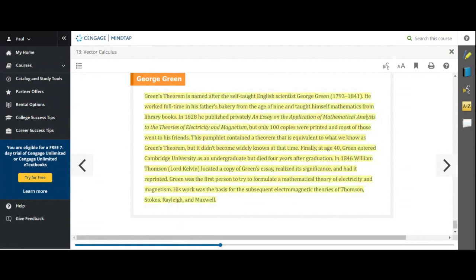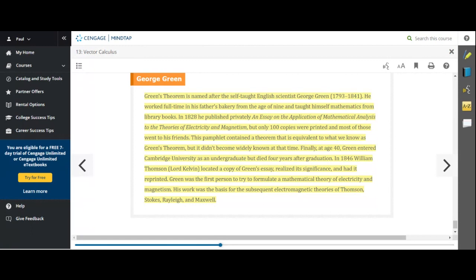Okay, so this theorem is named after George Green, a self-taught mathematician who worked full-time in his father's bakery from the age of 9 and taught himself mathematics from library books. Back in the 1700s and 1800s, they didn't have community colleges.